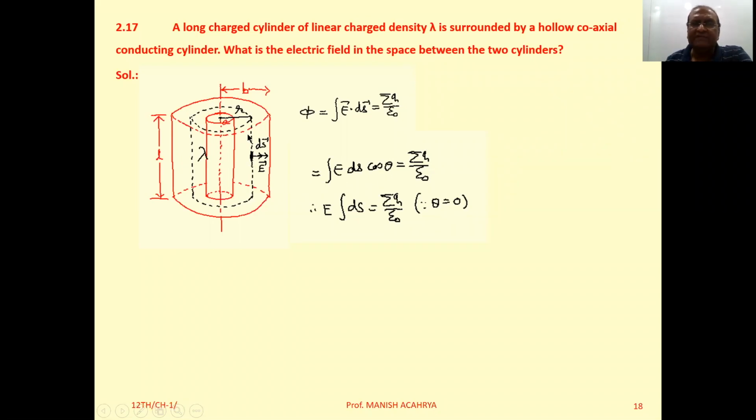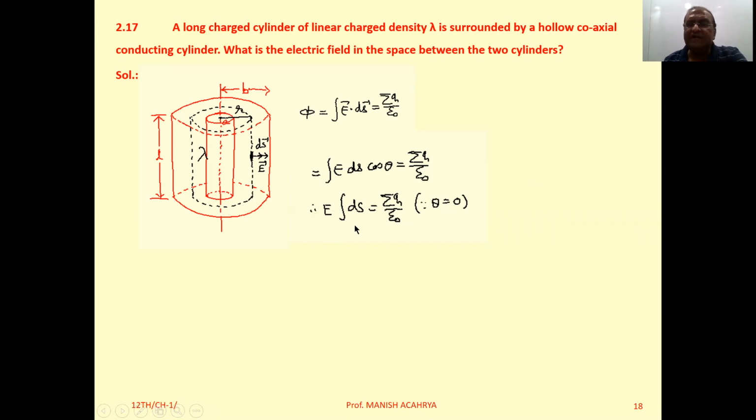And magnitude wise, the electric field at each and every point on the cylindrically curved surface will be the same, because each point is at the same perpendicular distance r from the axis. So we can write E integration dS equal to sigma q upon epsilon 0.